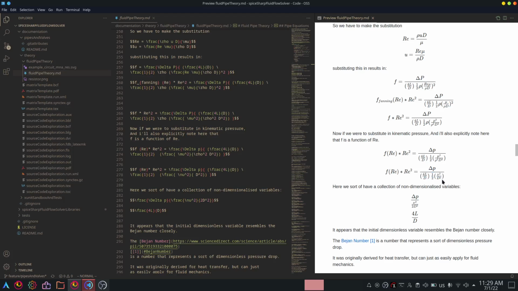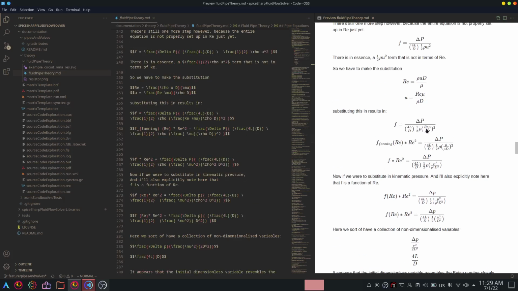Well, you see that delta P in terms of Re can be found here. This is our friction factor correlation. I'm going to non-dimensionalize all the u terms here; u will be non-dimensionalized into the Reynolds number.